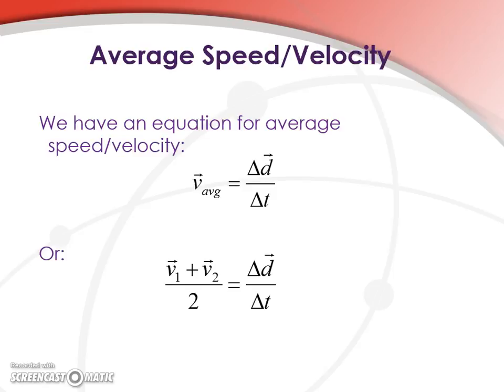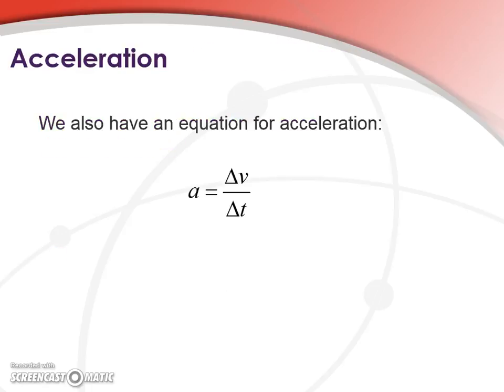And we can also extend this out to the directional case, to velocity. So the average velocity is equal to the total displacement, change in displacement over the time interval. We have a second equation.